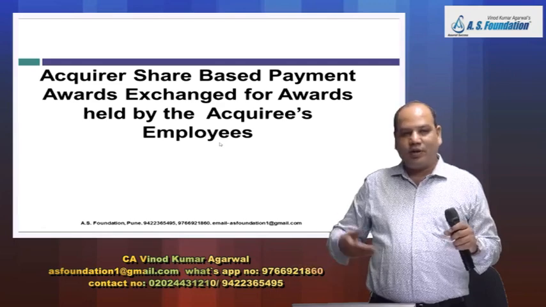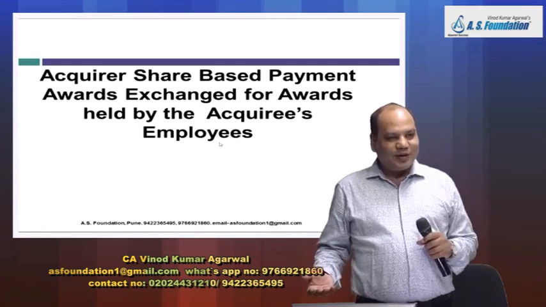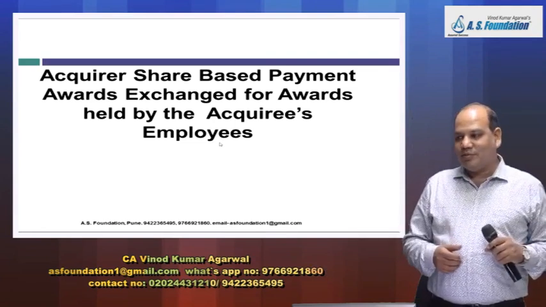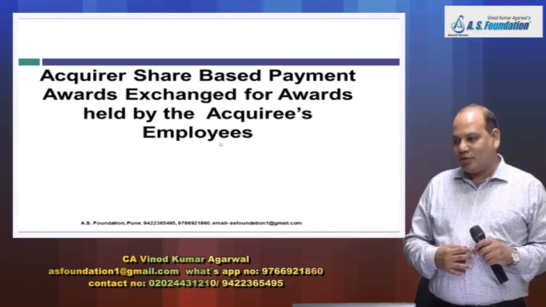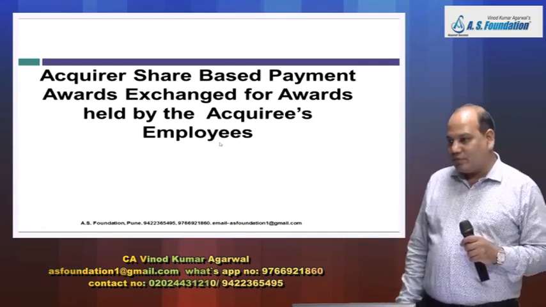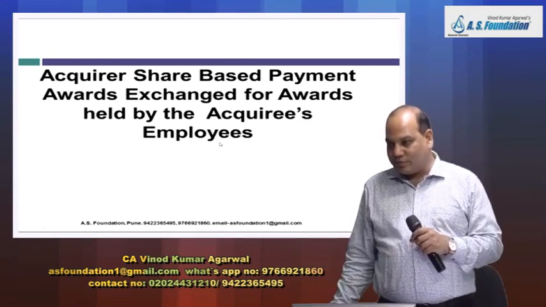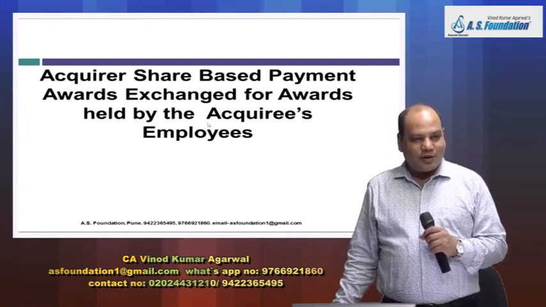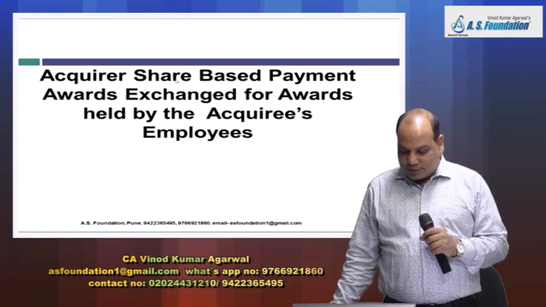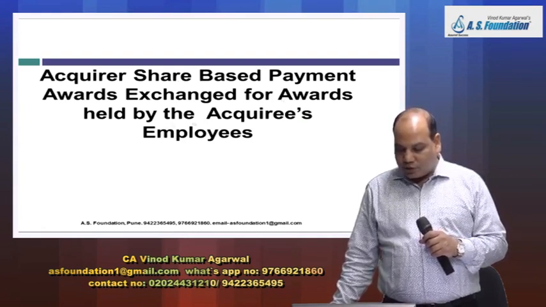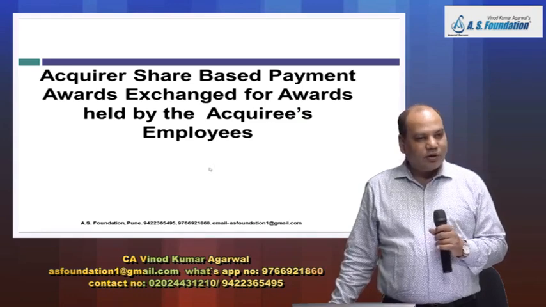Now the 4th year, when the time to receive the shares has come, you have merged with another company. What about my shares? So normally then the acquirer will compensate them. They will issue their shares to them. So the question is now how to do the accounting of this acquirer share based payment award exchanged for awards held by the acquiree's employee.